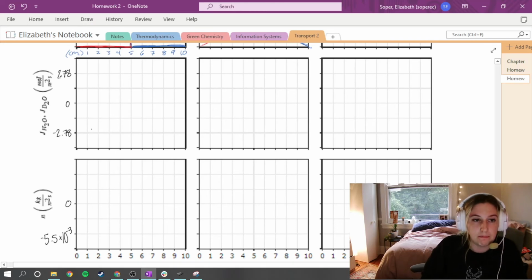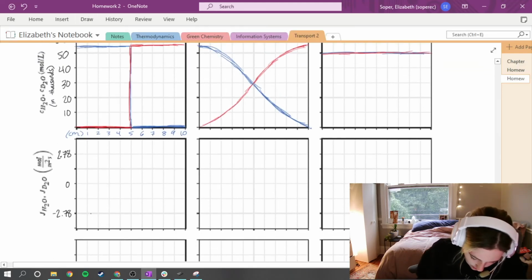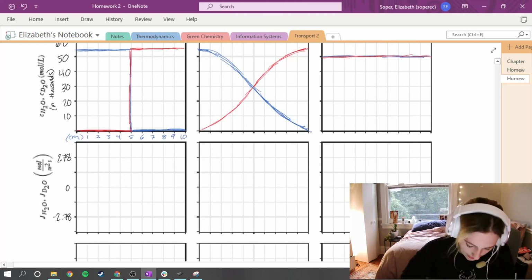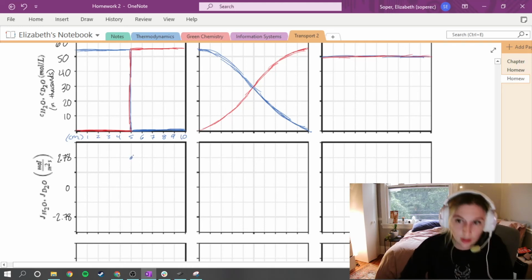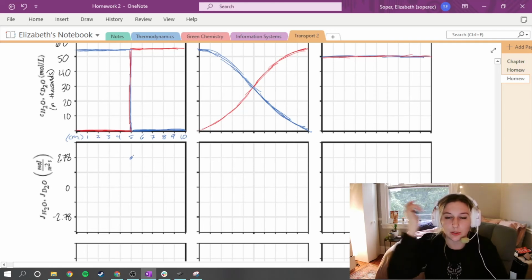So for water, which is blue, at the 5 centimeter point, it's going to be at 2.78 because that is where the max diffusive flux is at t equals 0.1 seconds. It's going to be at that where the divider was removed.